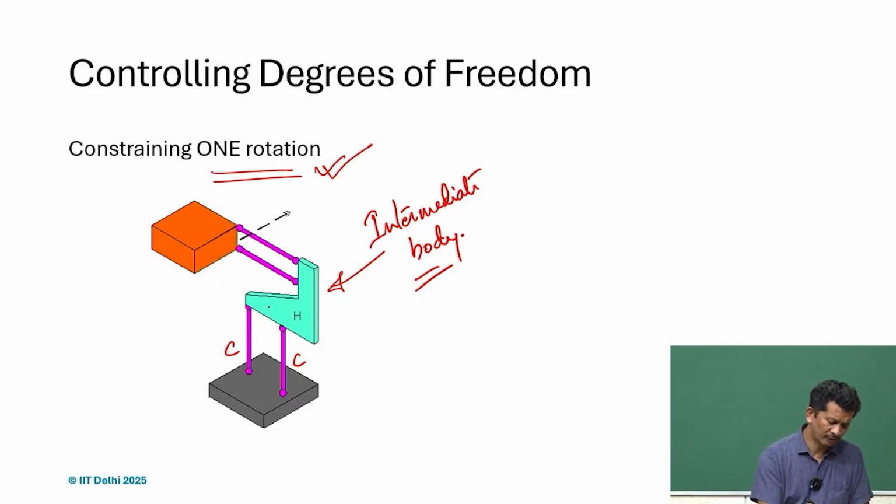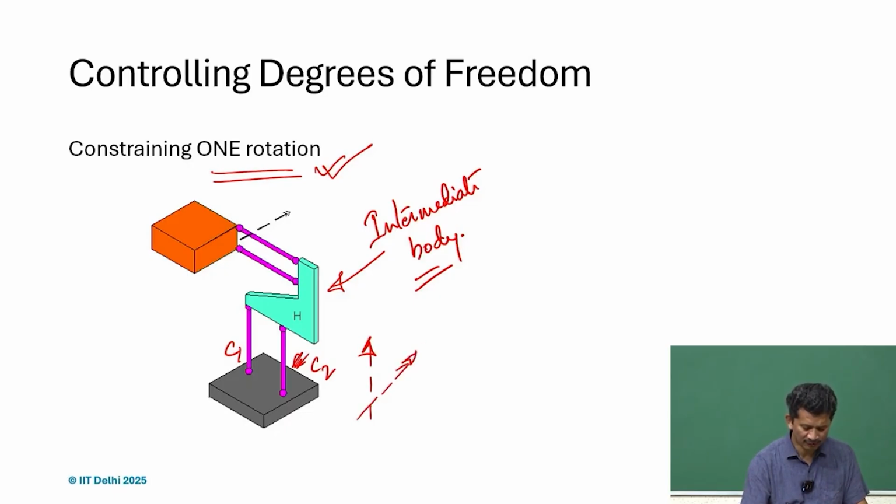If we just take the bottom pair, C1 and C2, it provides this translation constraint, and at the same time it also provides this rotation constraint. What we want is only this one. So we need to release that, and how do we do it?